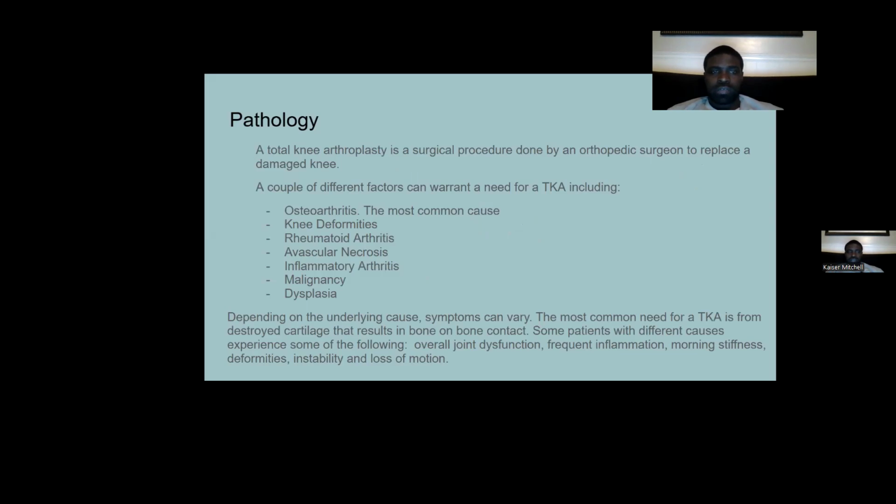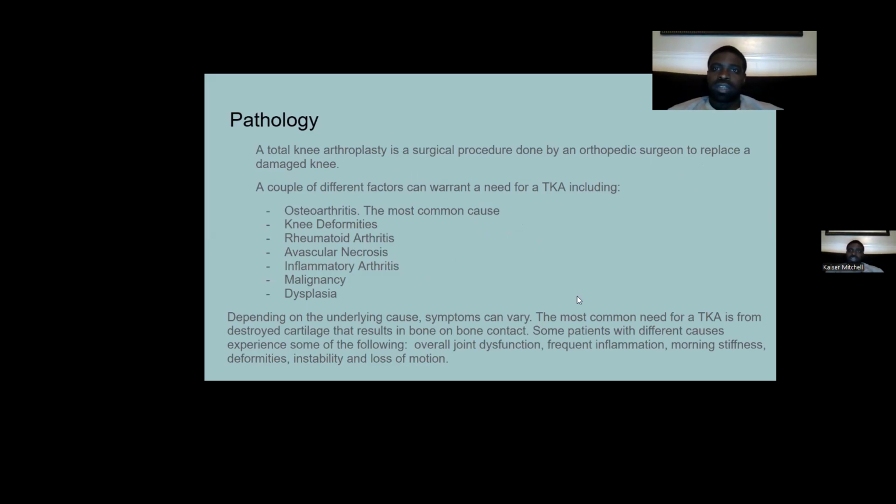All right. So the pathology for this disease is usually going to be caused by osteoarthritis. What happens is the cartilage in the knee starts to deteriorate, and you start to get that bone on bone. If it's not osteoarthritis, it could be a couple of other underlying conditions: knee deformities, rheumatoid arthritis, avascular necrosis.